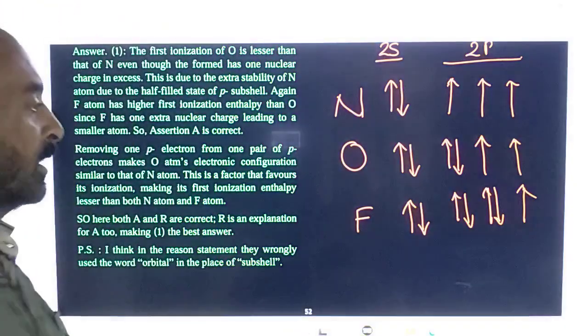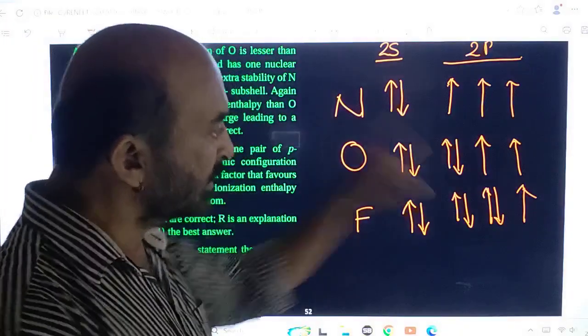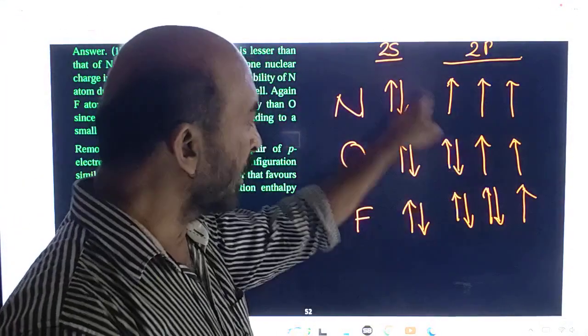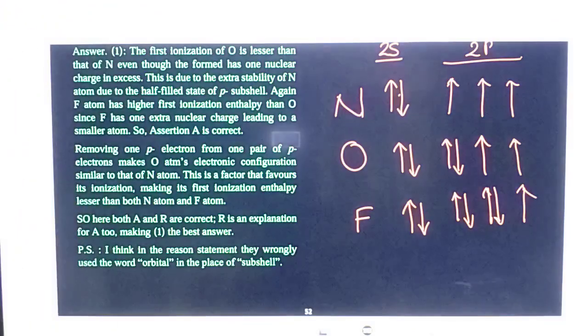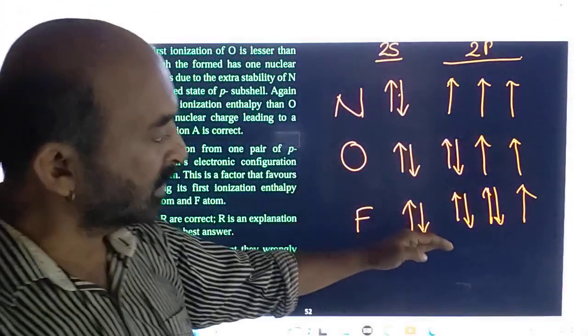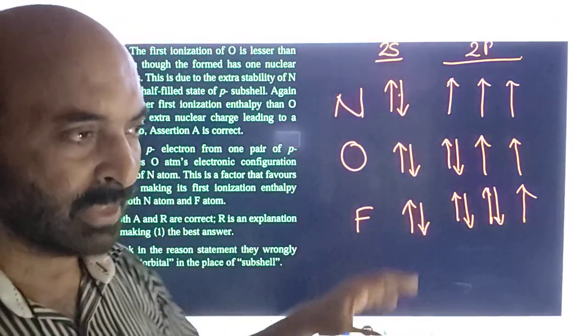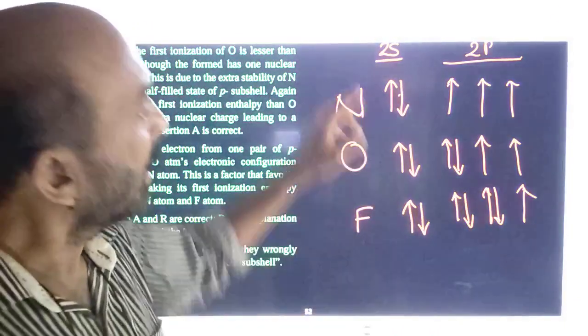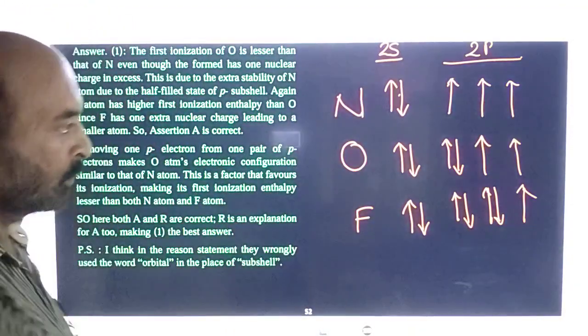What about the reason? The reason says that by losing one electron, it acquires nitrogen's stable electronic configuration. Okay, it hasn't mentioned the other factor, so that reason is actually partially correct. But the given answer is assertion is correct, reason is correct. You got that?